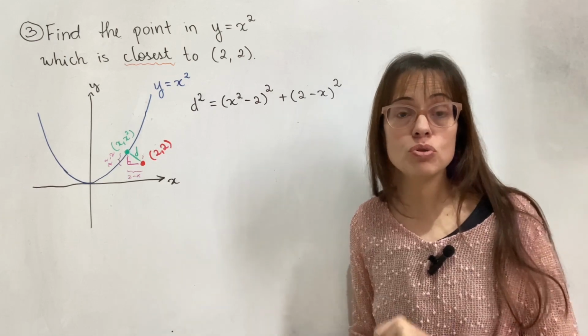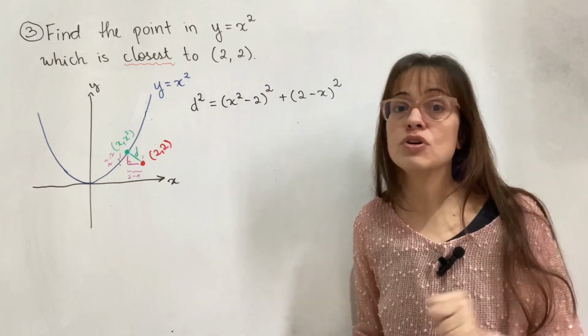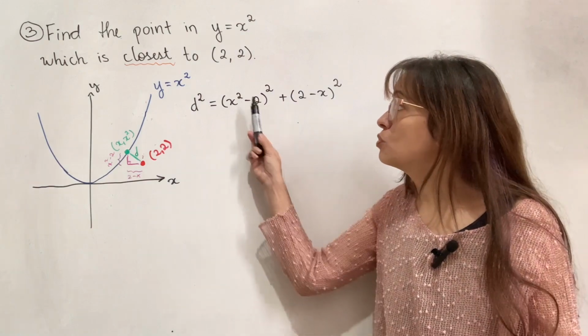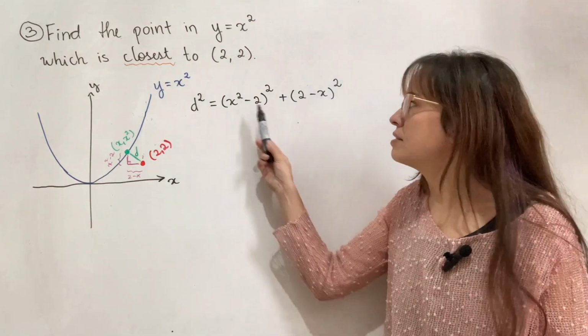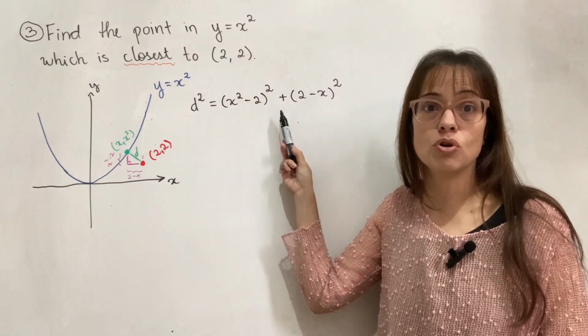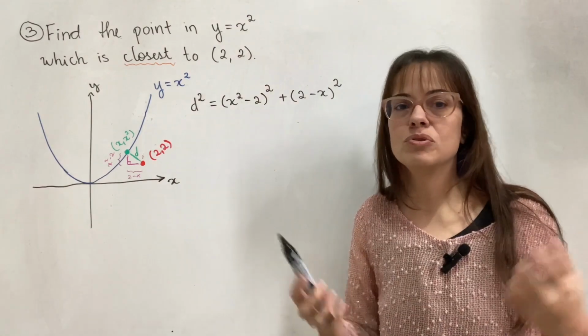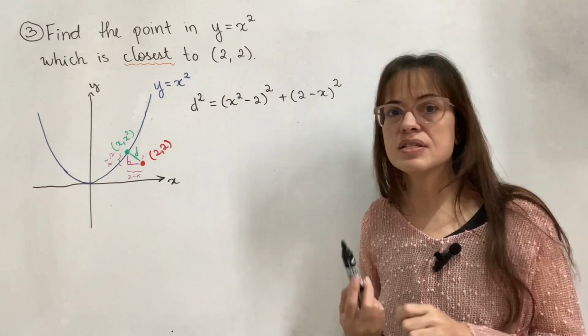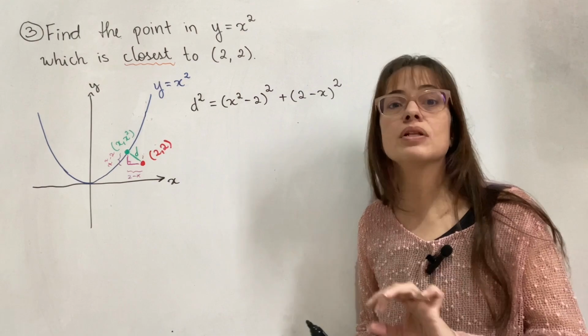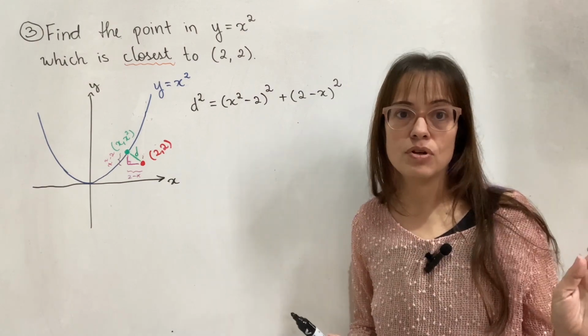But I'm not going to do that for two reasons. First of all, this would complicate the function of x that I am currently looking at. This one is very simple. It's just a polynomial. And then if I put a square root over there, it is not going to look as nice. And the second reason is that I don't really need the distance function.